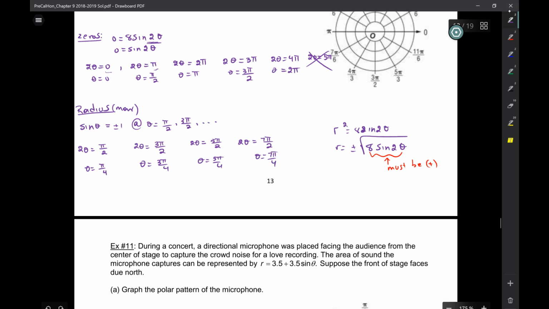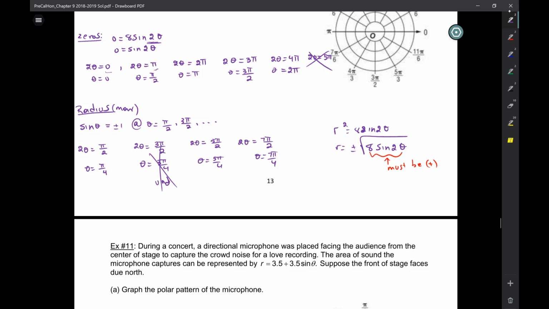If theta is pi over 4, I get 8 sine pi over 2, which is positive, so that works. If theta is 3 pi over 4, I get 8 sine 3 pi over 2. Is the sign positive or negative there? It's negative.